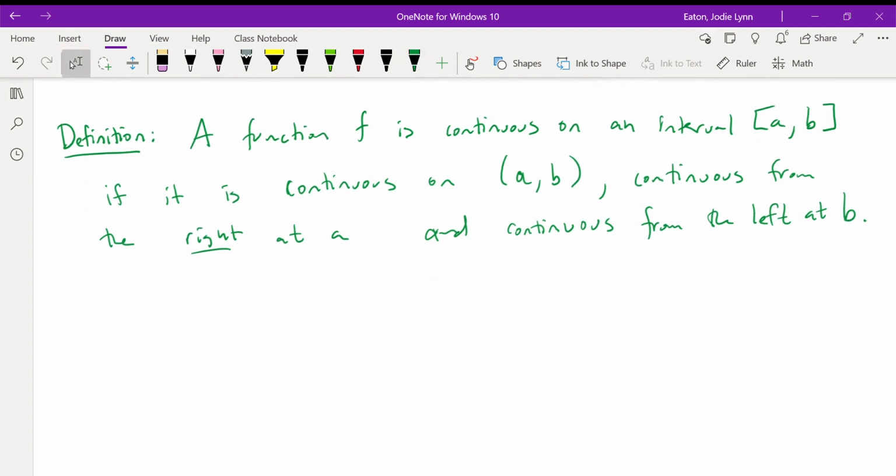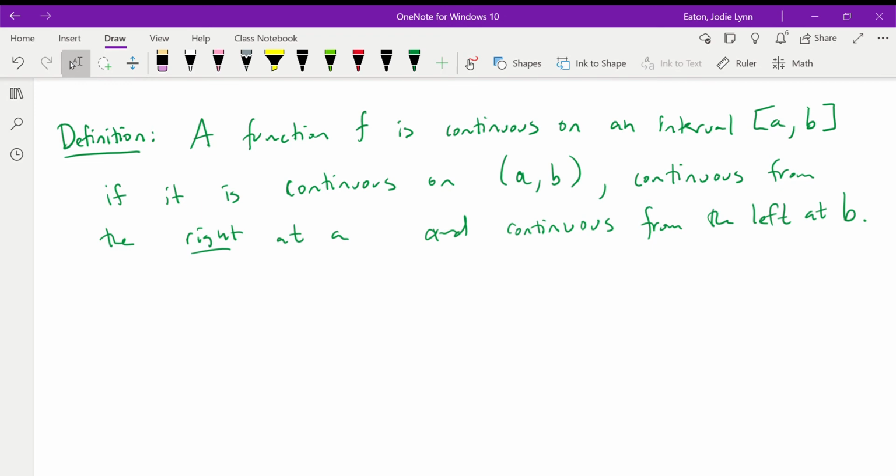Generally, when you're proving that something is continuous on an interval, you prove that it's continuous in the middle, and then also continuous from the right on one endpoint and continuous from the left on the other endpoint.